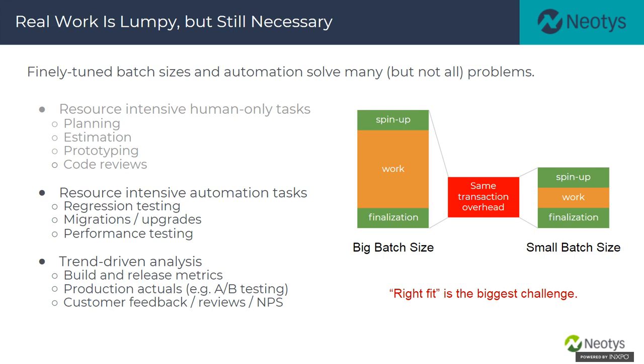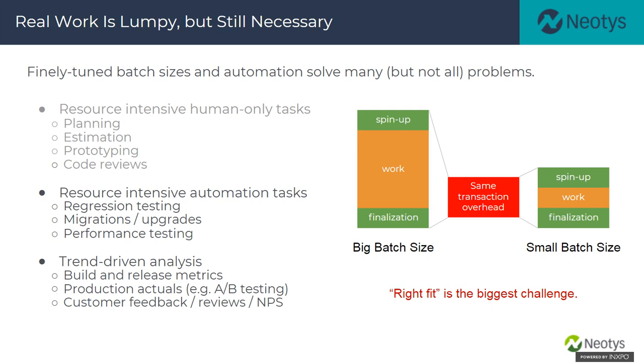Additionally, performance testing is one of those resource-intensive automation tasks. It still can be automated, but it is resource-intensive when you start to test in the orders of tens of thousands. And then also trend-driven analysis. More importantly, being able to do that feedback loop, that learning loop, right? Automating the build and release metrics is vital now. Also automating the production actuals.